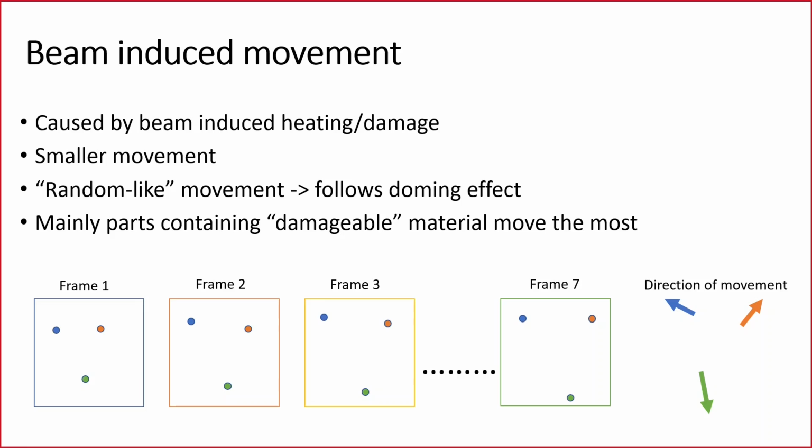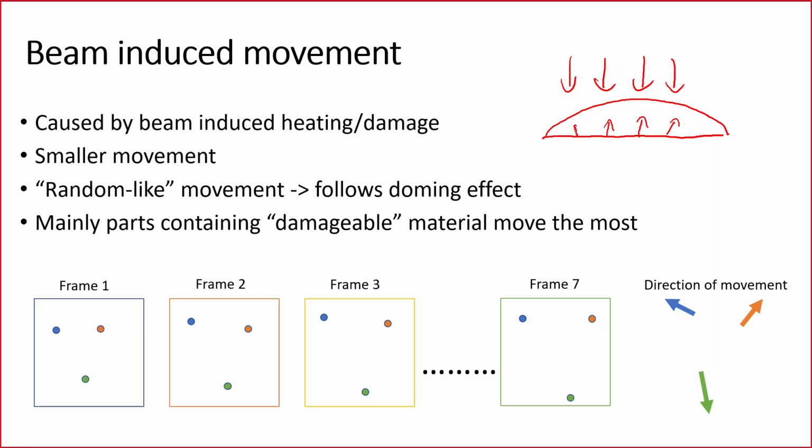Yet this is not completely random, because it was shown that if we have our surface and we are irradiating it with electrons, the heating process will deform the surface in a kind of dome effect, so that our particles start to move upwards.